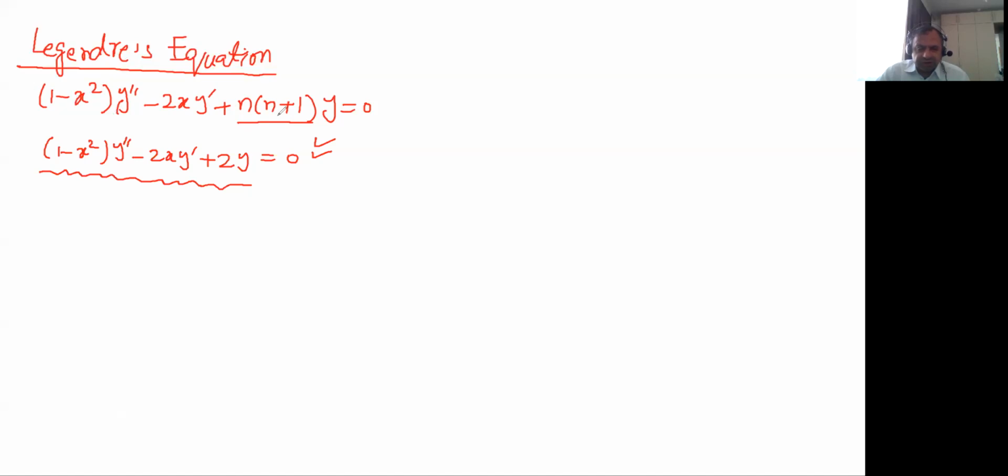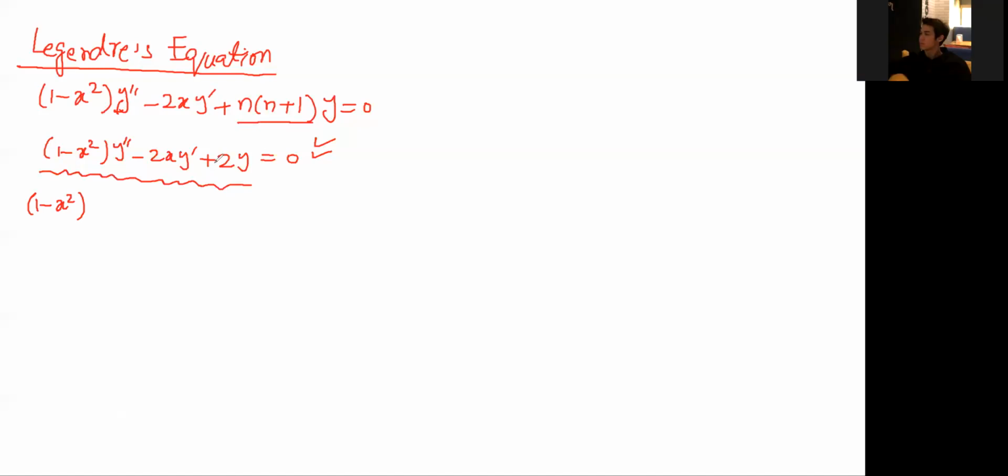If we want to solve this equation, what is the first step in the power series solution? Can you tell me? We have to write y double prime, y prime, and y in their sigma notations.